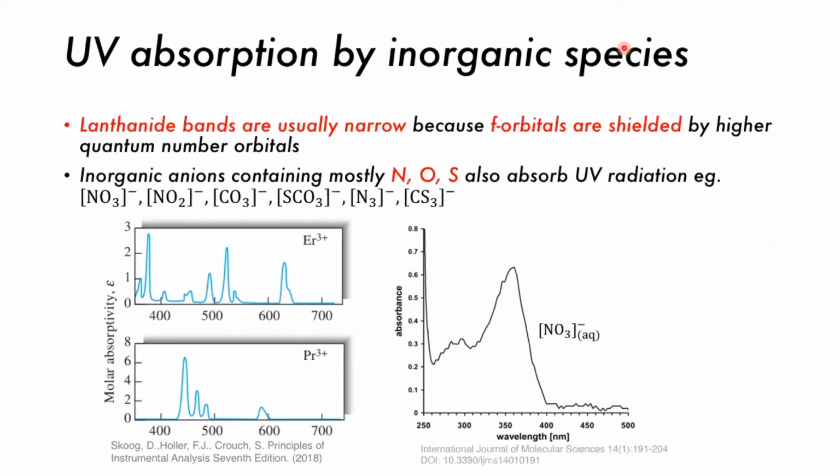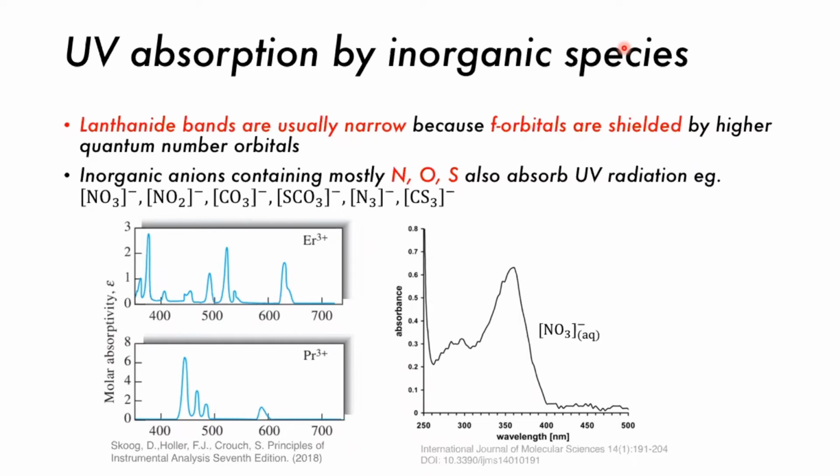In the case of the lanthanides, the process is similar: atomic orbital to atomic orbital, from the atomic HOMO to the atomic LUMO, with substantial excitation and absorption because of that excitation. But in lanthanides, the bands are usually narrow or quite sharp because the f orbitals are shielded by higher quantum number orbitals.